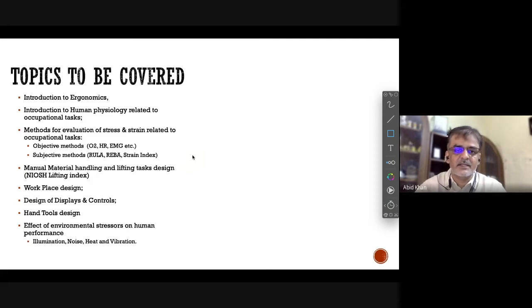So in that case, his oxygen consumption, oxygen taking capability, heart rate, body physiology, all will be affected. So the body will be strained, and because of those strains, stresses will develop in the body, and that measurement of stress and strain is basically work evaluation in ergonomics.